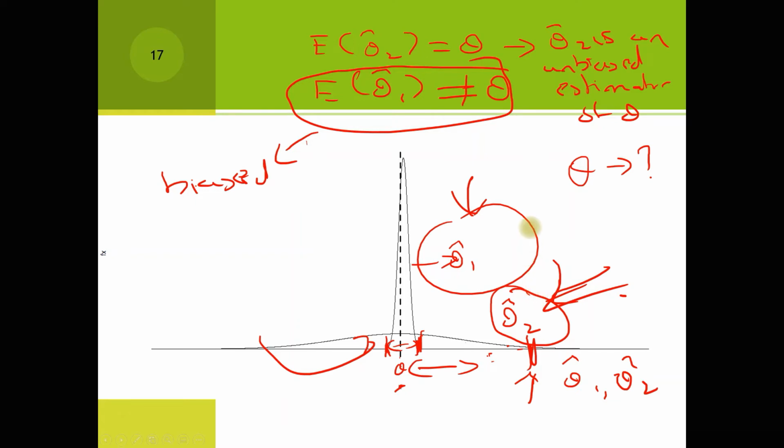So that's not efficiency here. It's just food for thought, so that you can think a little bit more about these different ways of selecting estimators.